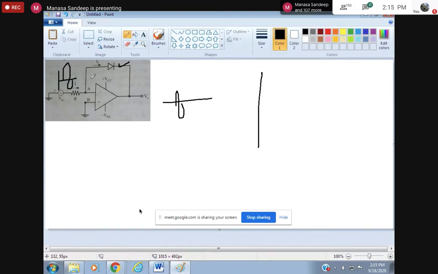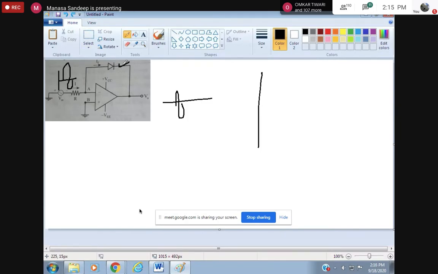The other way, what happens when you apply more voltage? When you apply more voltage, the diode becomes forward biased because the anode has more voltage compared to the cathode.